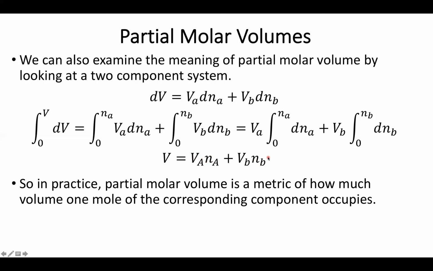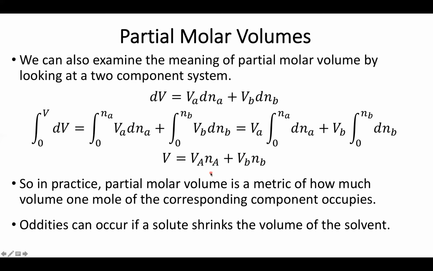And so we often like thinking about it in such terms, but there is a notable oddity that happens, which is that occasionally, especially when dealing with some salts, it's possible to have a negative partial molar volume. Now, this doesn't mean that, say, species B, or my solute, occupies negative volume.